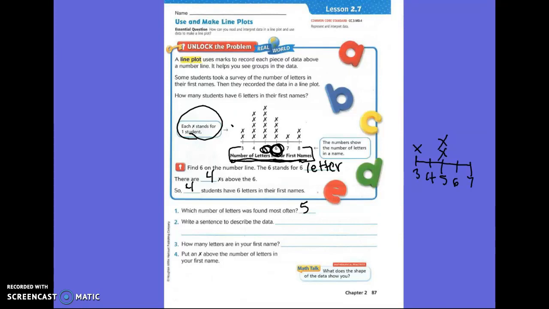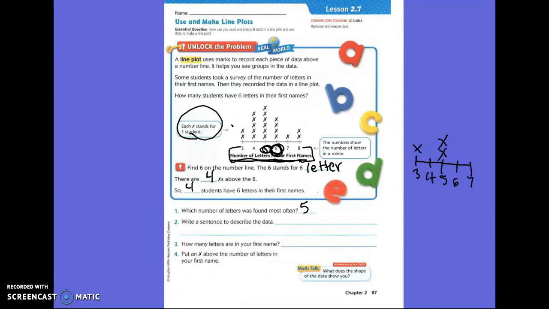Now, we need to write a sentence to describe the data. That means you can write anything about this. You can say 8 and 3 have the same amount of students. 8 letters and 3 letters have the same amount of students who have those letters in their name.